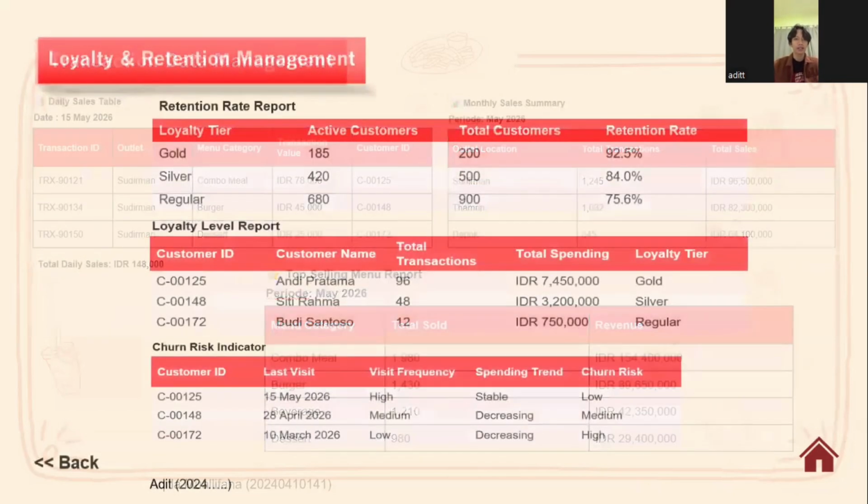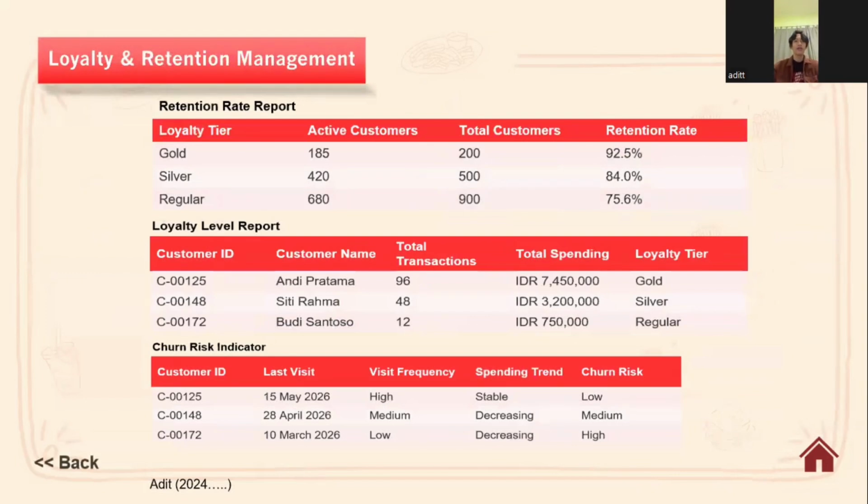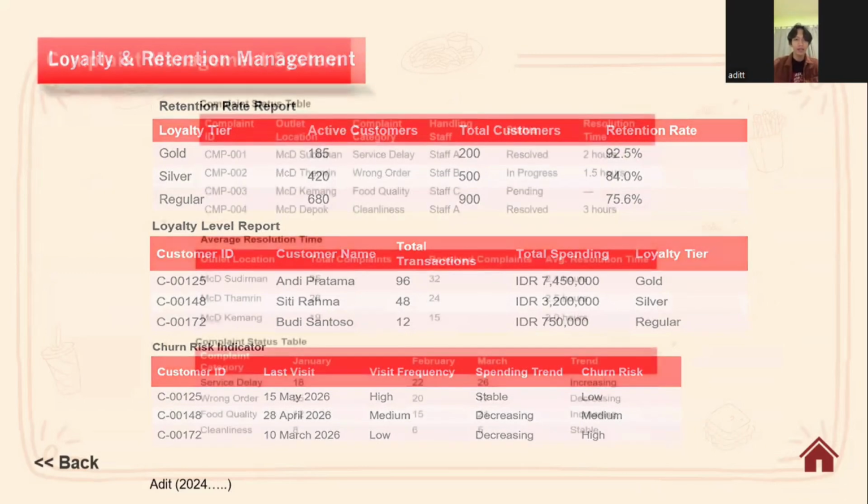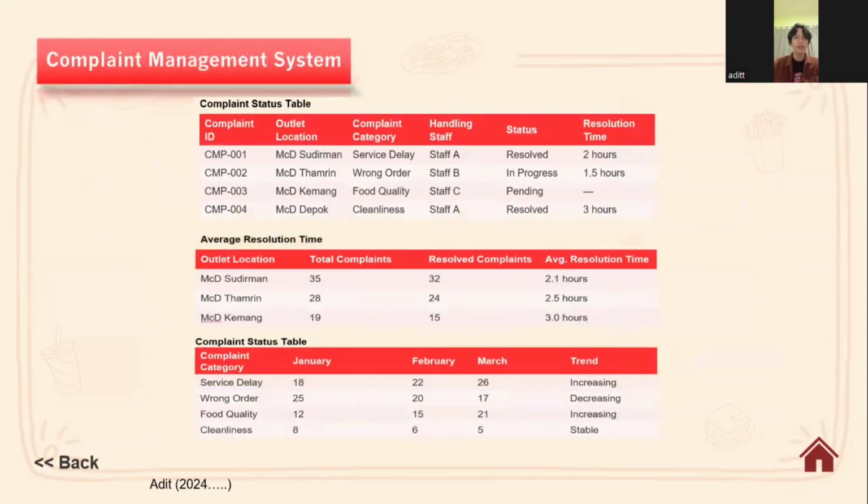Next, we have the database for loyalty and retention management: loyalty tier and customer ID. You can see the PPT, and same as the complaint management system, we have complaint ID, outlet, complaint handling, status, and resolution time.